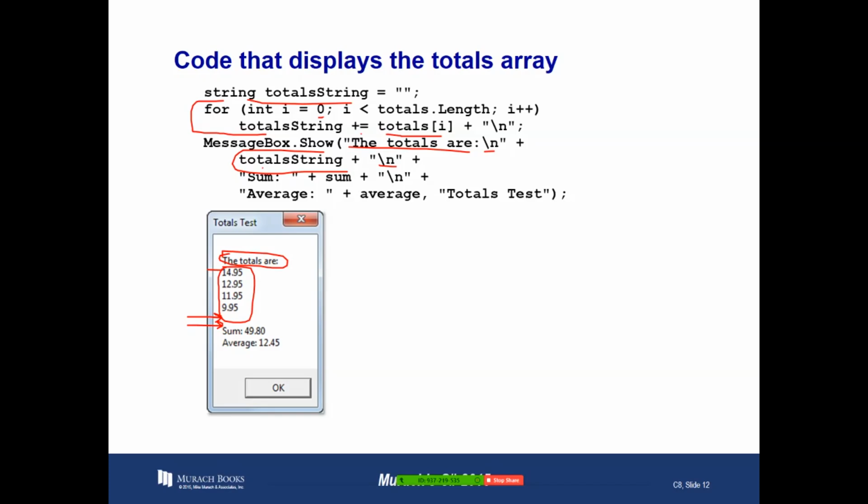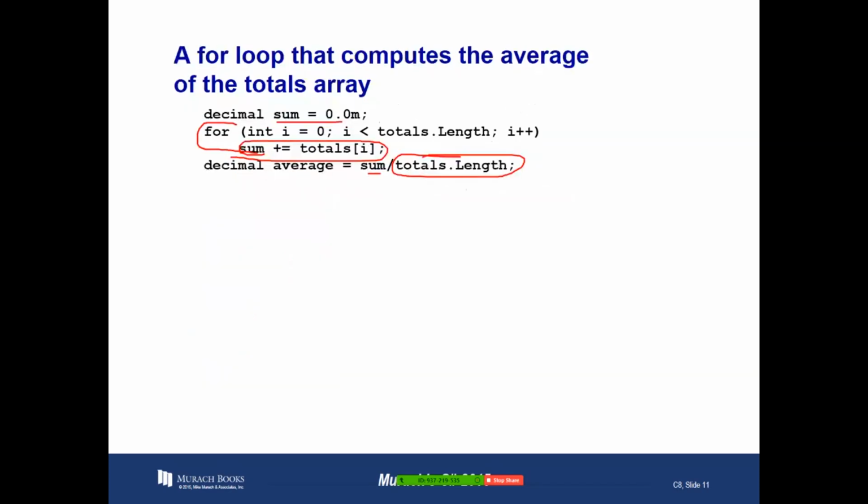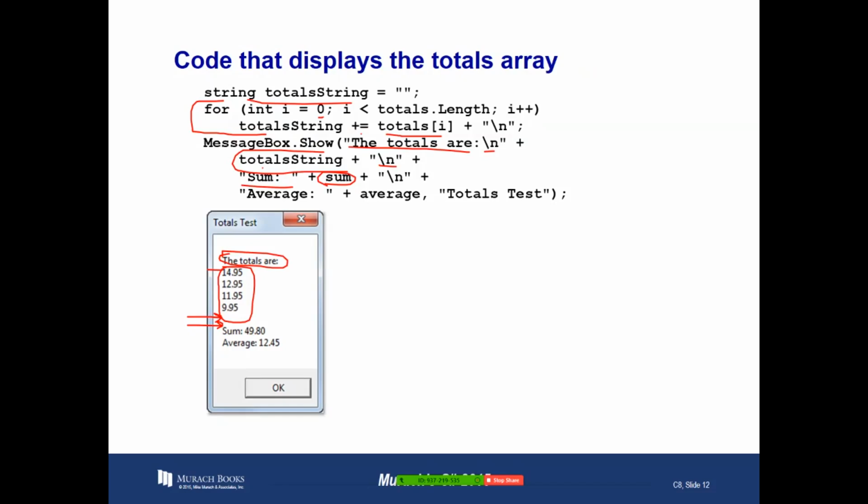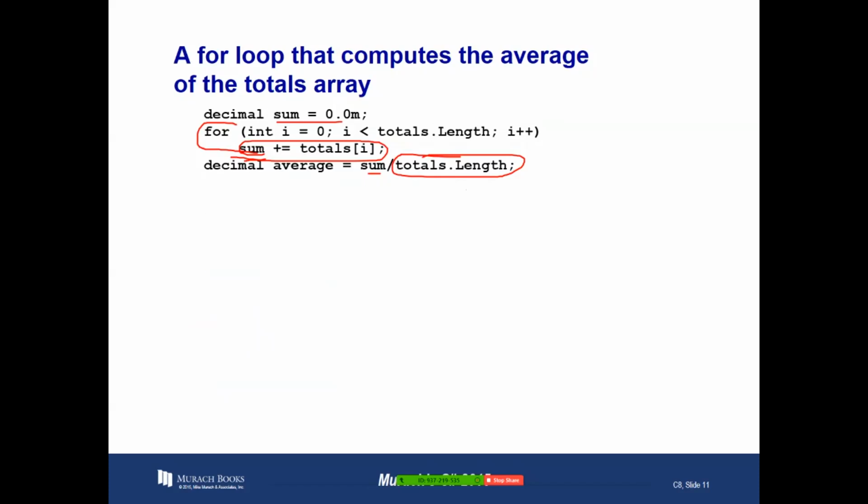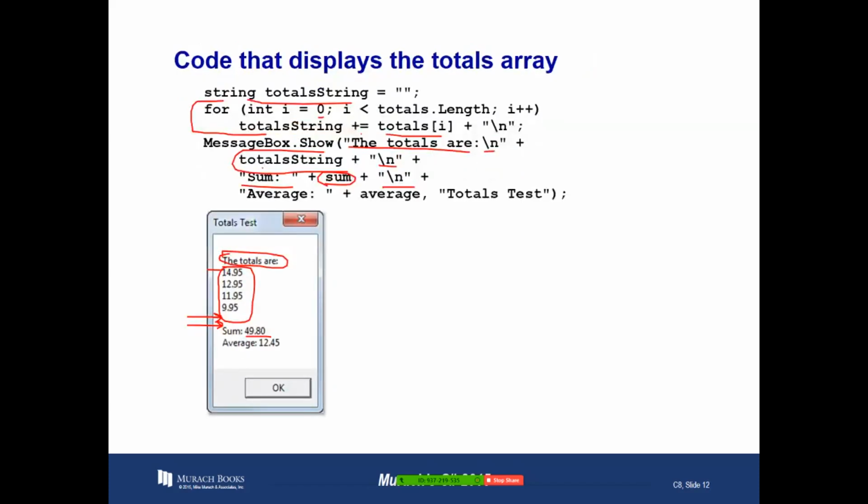And then we're going to output the word sum, and then we're going to write the sum out. Where's the sum? That must be here. We've computed the sum here. Followed by a new line, so it's going to be 4980, which is whatever this turns out to be.